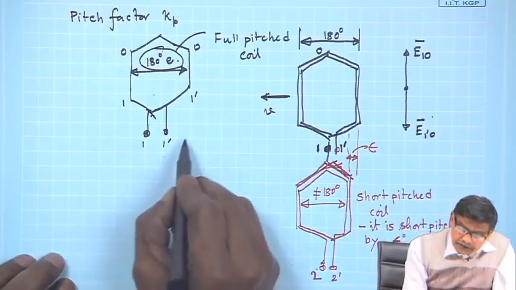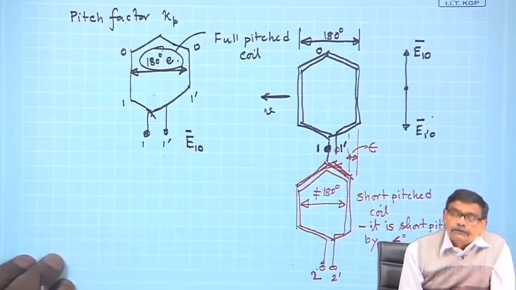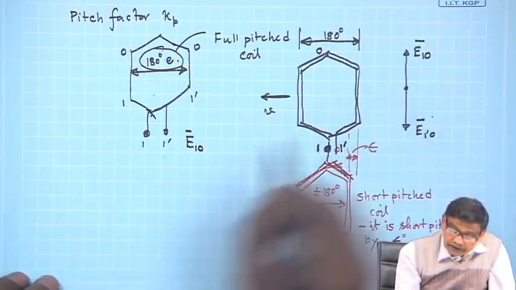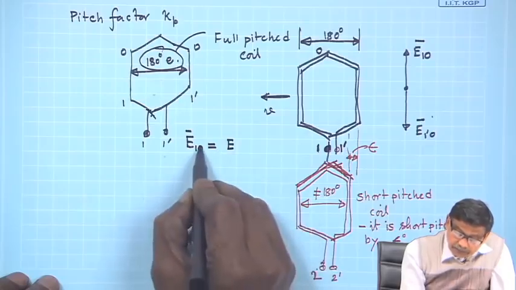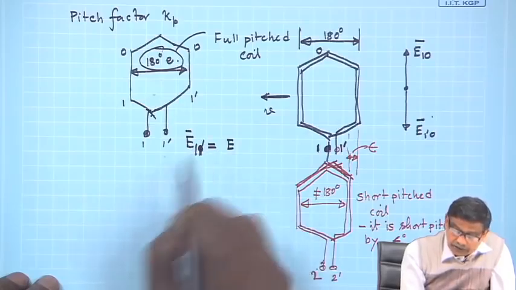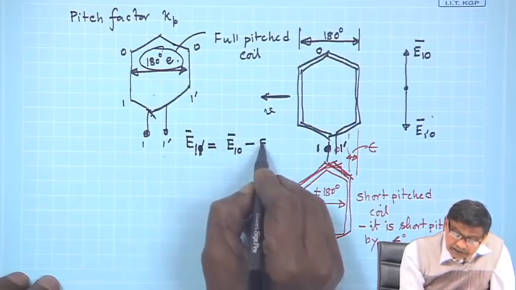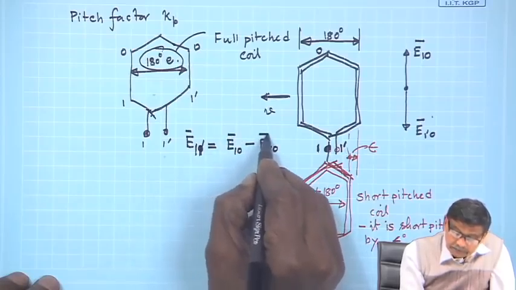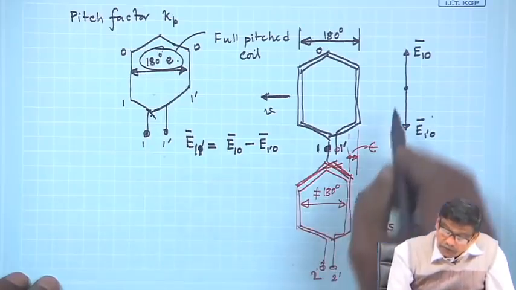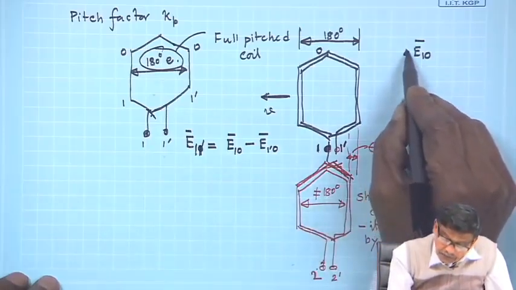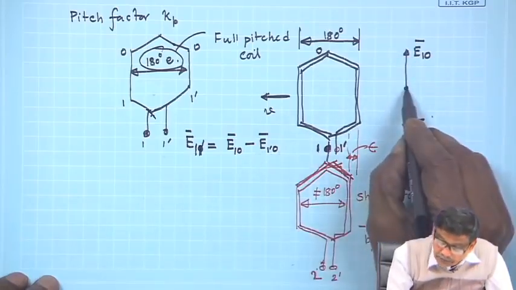And you recall we found out this E 1 1 dash I want to find out. What should I do? So, I must find out the potential of 1 with respect to 1 dash. It will then be this phasor minus this phasor. So, E 1 1 dash will be E 1 O minus E 1 dash O, but E 1 dash O is here.